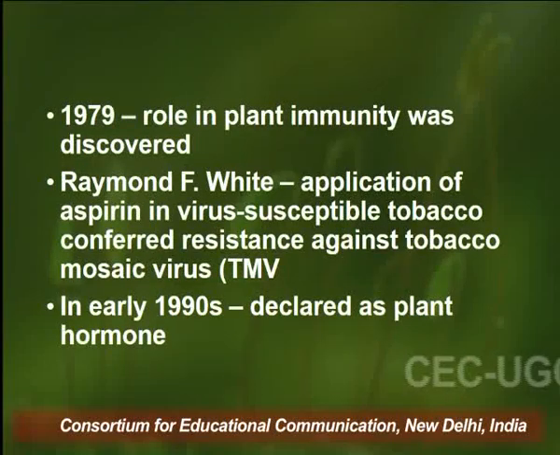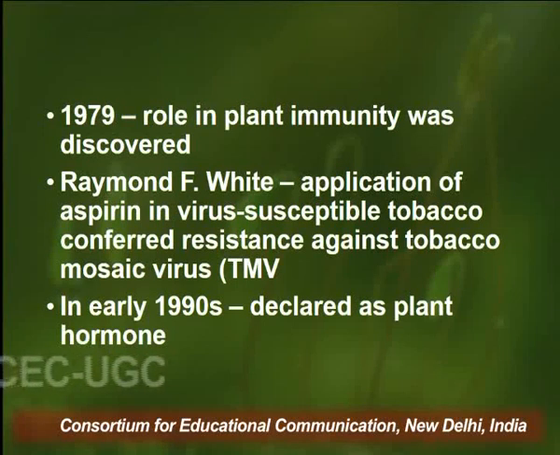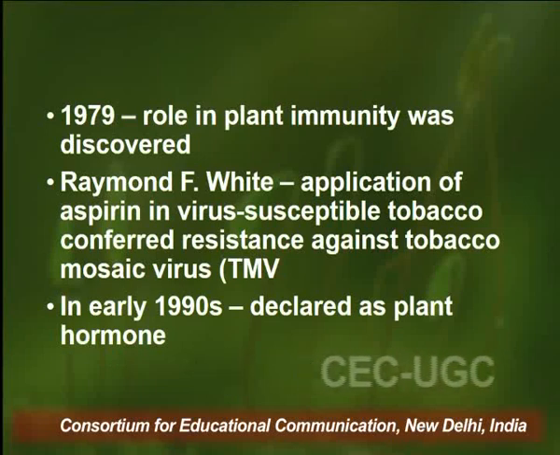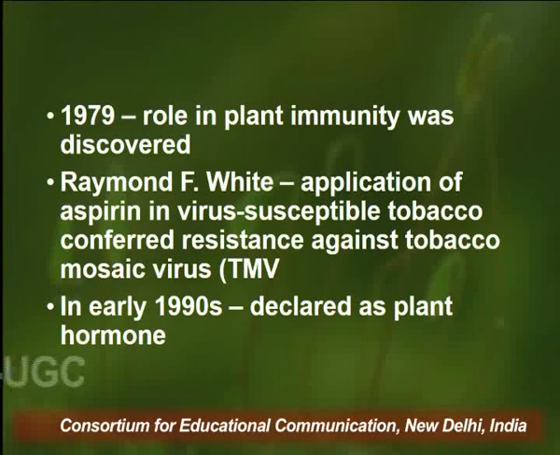Now it was in 1979 when the role of salicylic acid was first discovered, and it was found that salicylic acid increases the immunity of the plant against different types of pathogen attacks. And it was Raymond White who proved the hypothesis when he exposed the leaves of a tobacco plant to aspirin, and he found that the leaves became resistant to the tobacco mosaic virus attack.